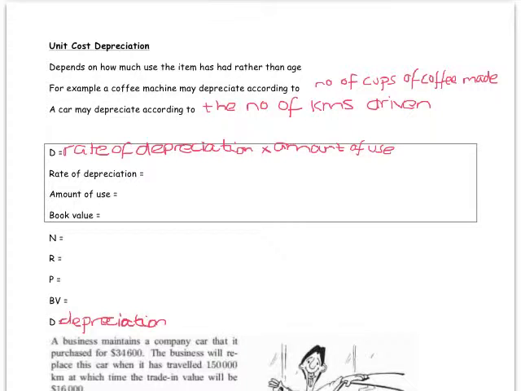If we call R the rate of depreciation, and n is the amount of use, then we can say depreciation is Rn. The rate of depreciation is a rearrangement of that. It's the depreciation divided by the amount of use.